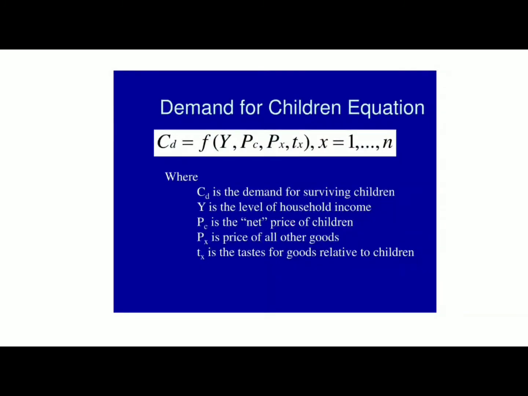T is the taste for goods relative to children, or the preferences. What are the people's underlying preferences for wanting to have a bigger family, with numbers of children or quality of children, versus other possibilities like travels?